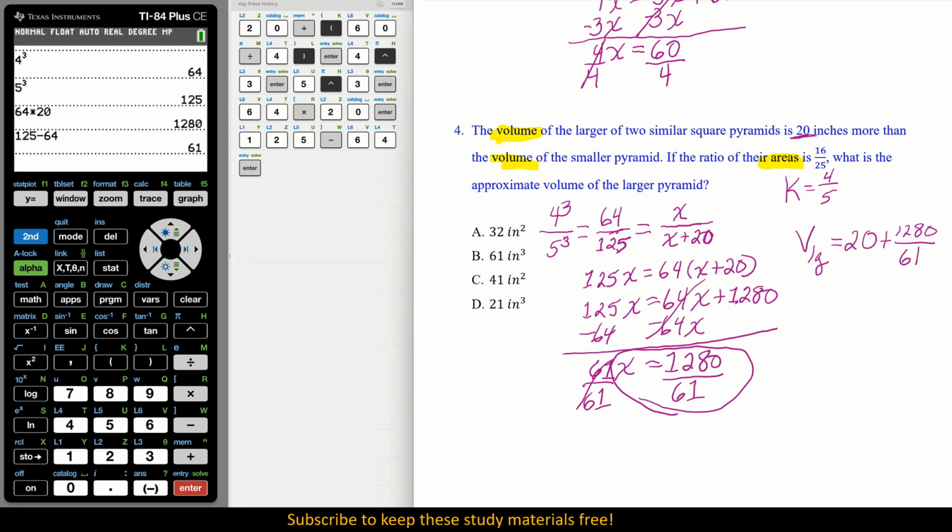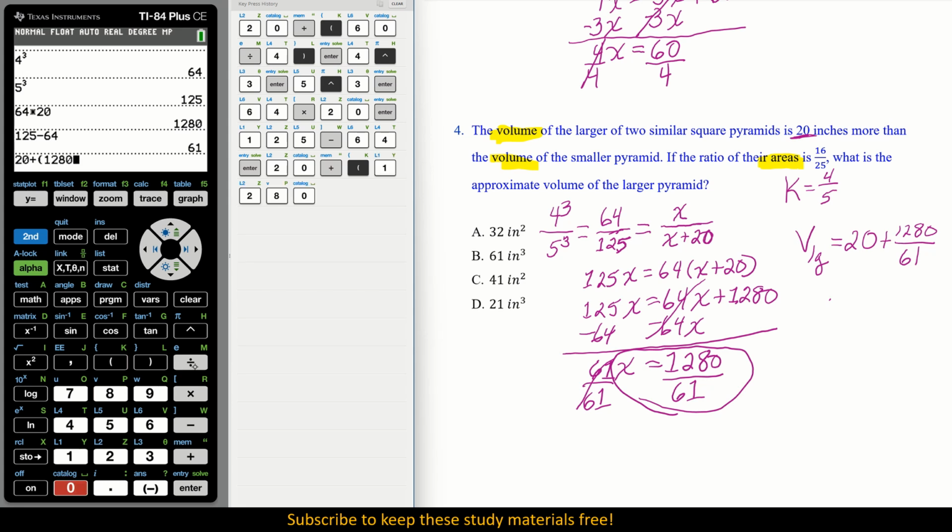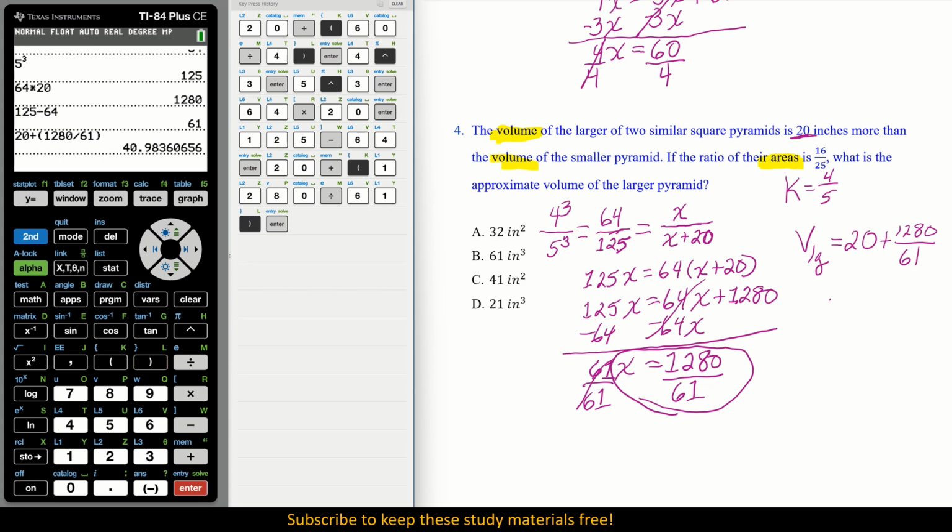And we are getting a rounded value, whatever that is. So let's put that in a calculator. So 20 plus, I'm going to use parentheses, 1280 divided by 61, close my parentheses and push enter.